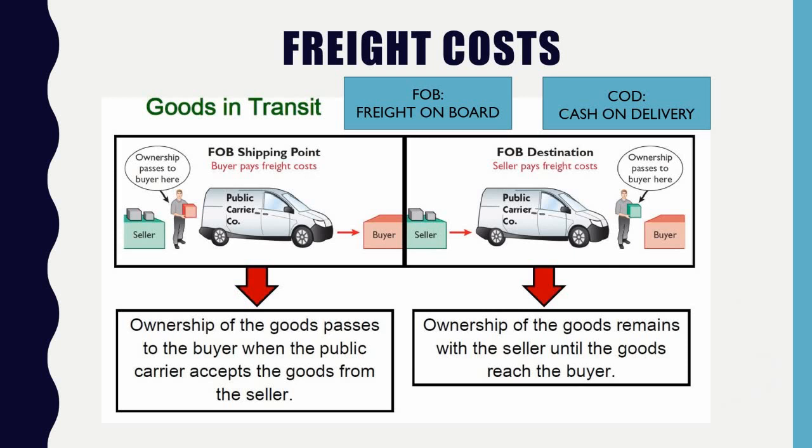What happens if that package becomes lost? Who's responsible for that? The seller is, because remember, the seller is responsible to cover the cost for FOB destination. So if the items never get to the buyer's store, then it's the seller responsible because they were the one who paid for the shipping between the midway point to the buyer's store.